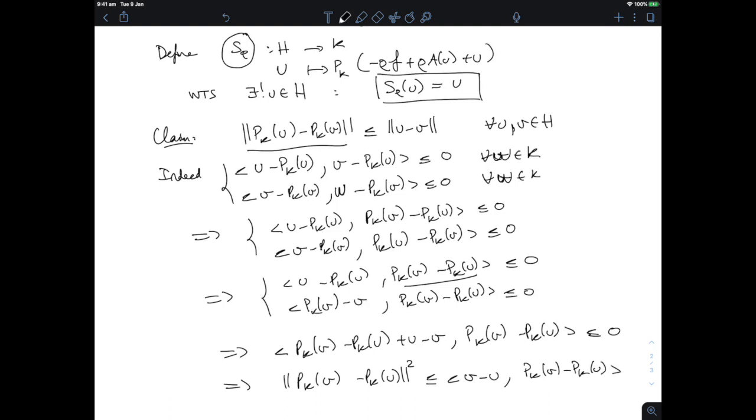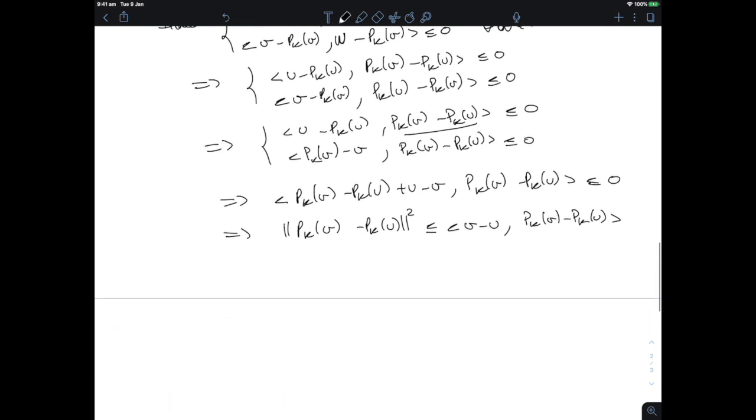And then you can use Cauchy-Schwarz and obtain that the norm of P_K v minus P_K u squared is smaller than the norm of v minus u times the norm of P_K v minus P_K u. And now you divide by this quantity on both sides, unless it's 0, but if it's 0, the claim is trivial anyway. So this proves our claim that P_K is Lipschitz continuous.